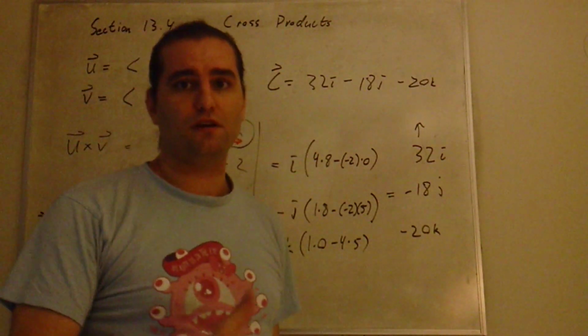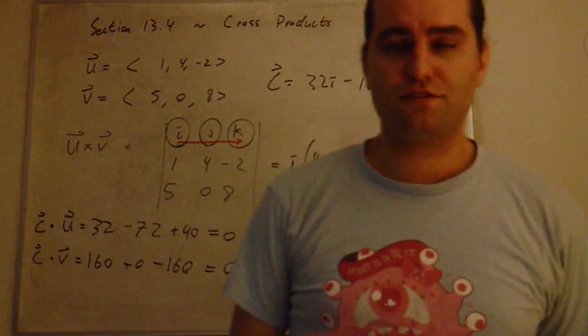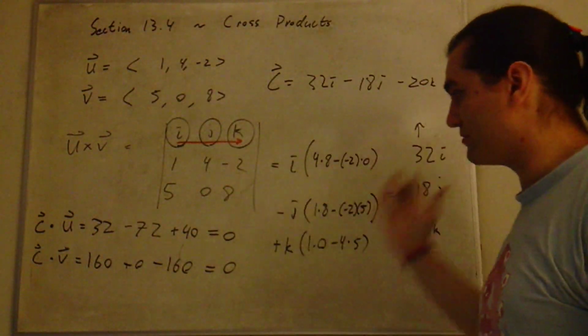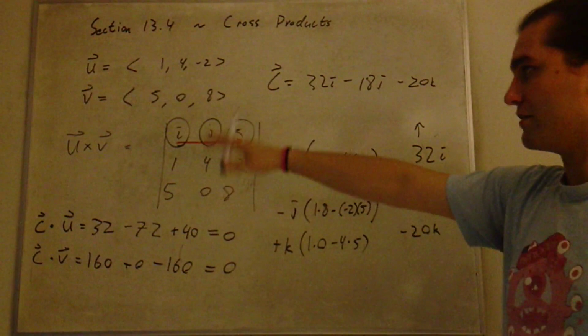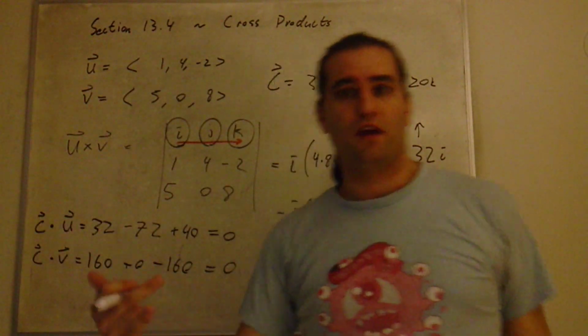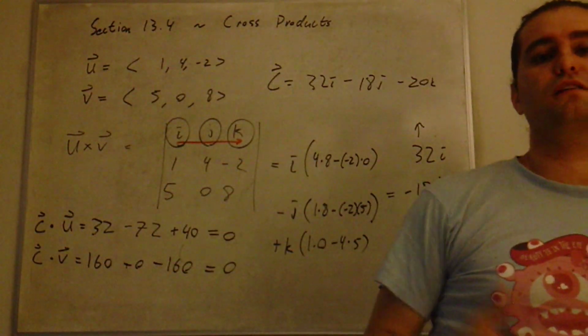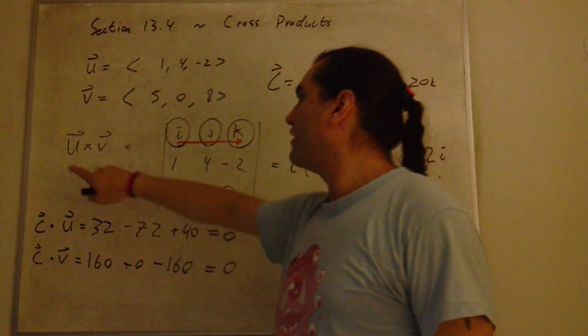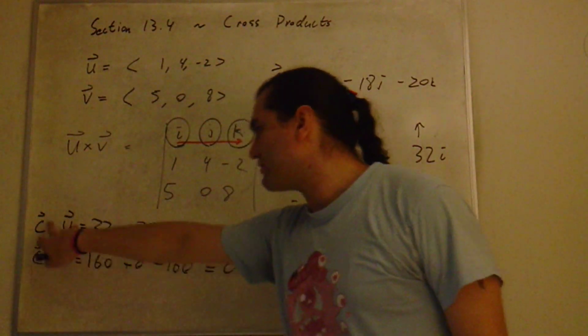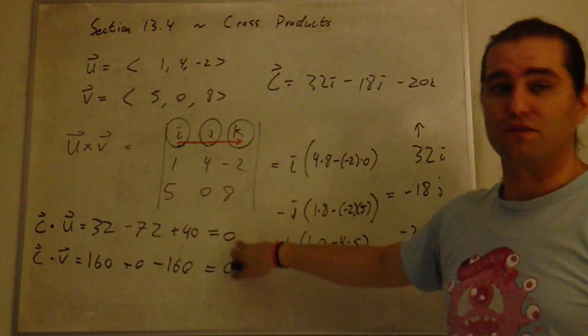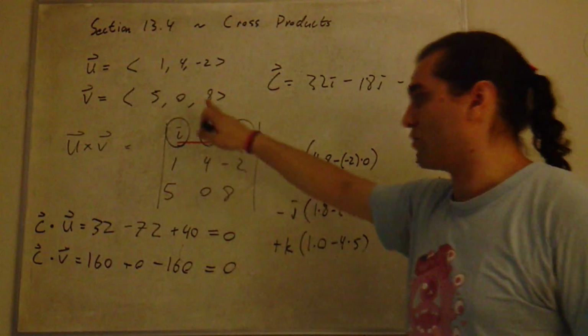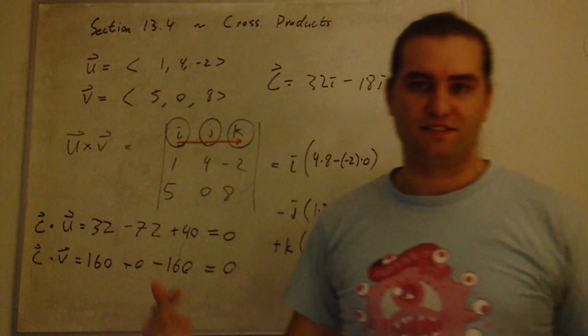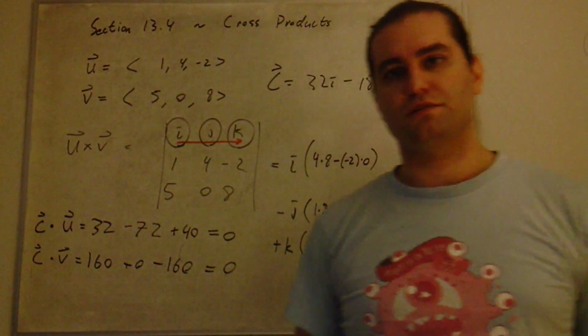If you're doing cross products on a test or a quiz and you're not sure if you've done them correctly, just take the dot product of the component pieces. If you did your cross product correctly, both of your dot products will be 0. Because the correct cross product is definitely going to be perpendicular to those things.